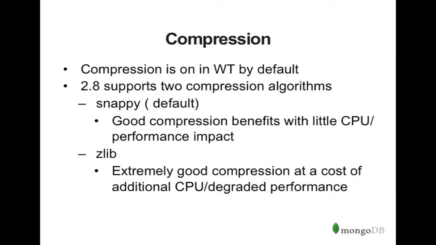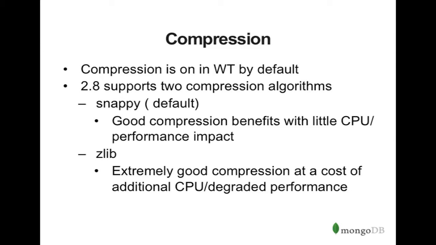Another big feature in WiredTiger, new to 3.0, is compression. By default, WiredTiger has two compression options. Snappy is the first option, and it is enabled by default.